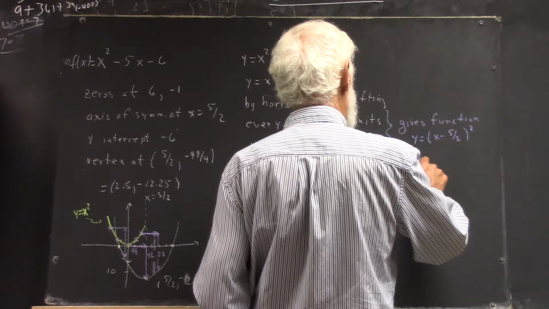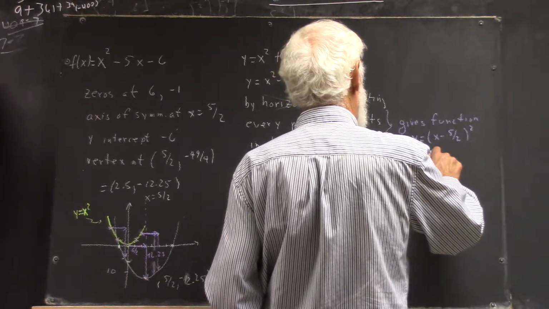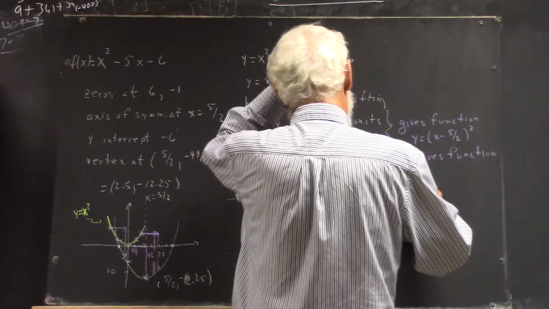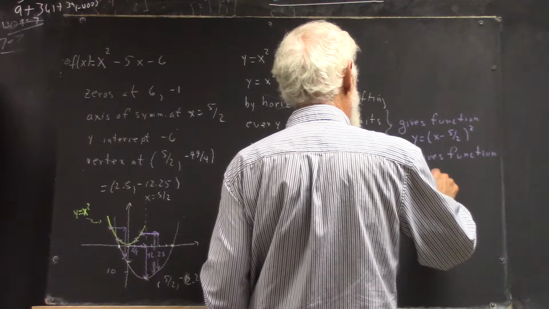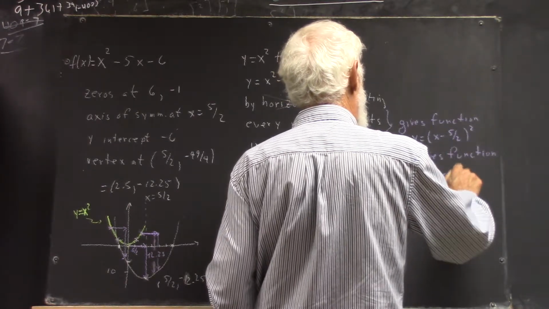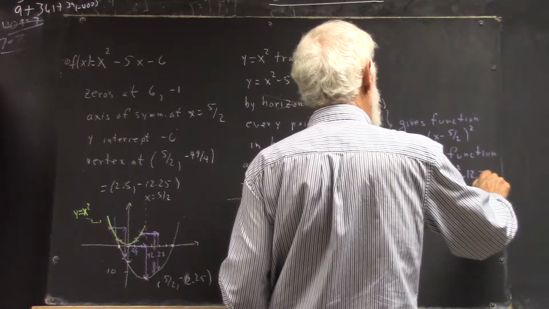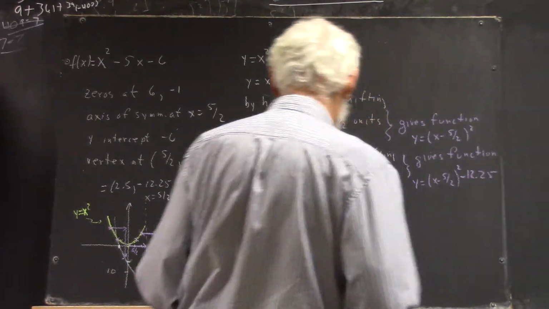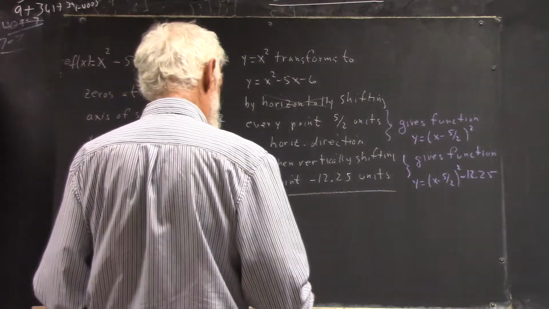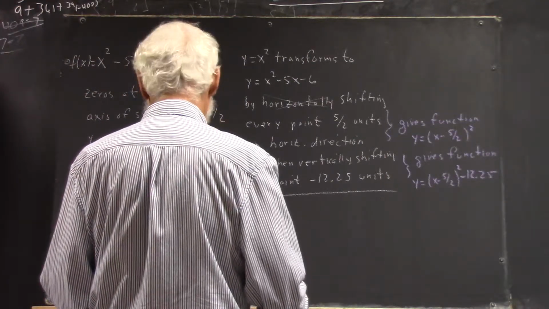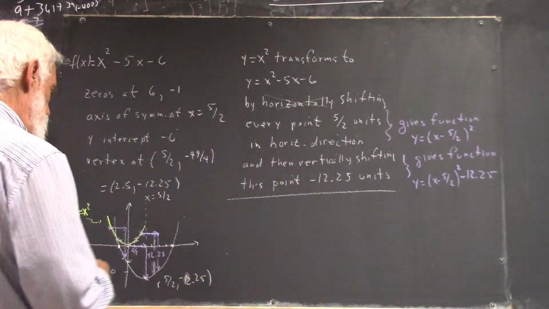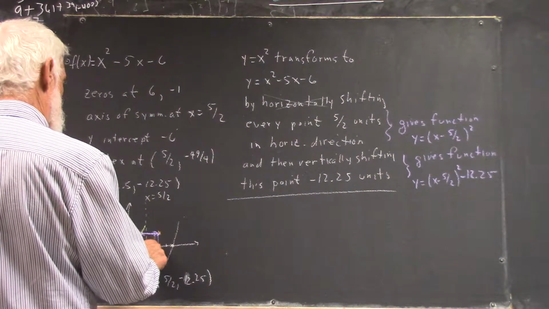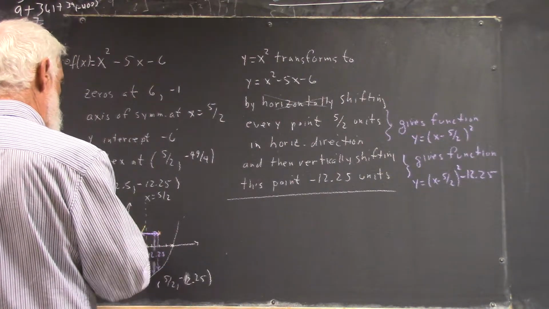And then this gives the function x minus 5/2 quantity squared minus 12.25. Okay, now the points I get from just the horizontal shift are going to be like here and here and here.